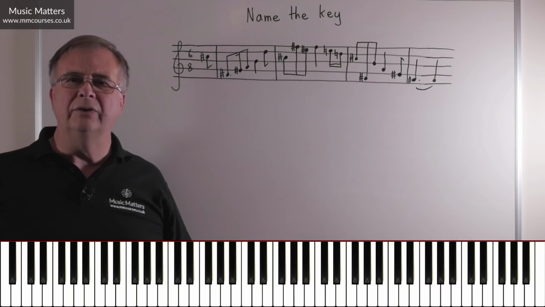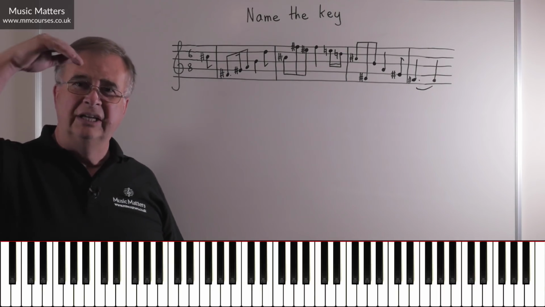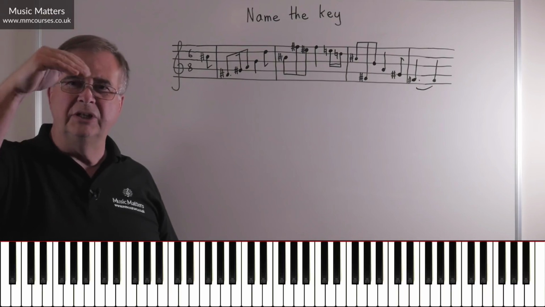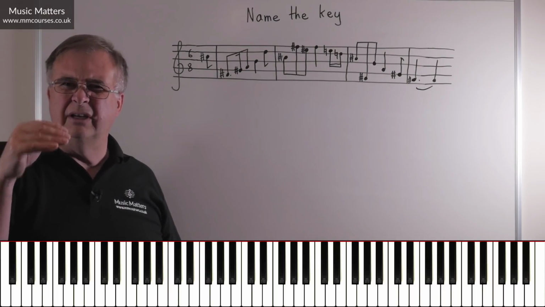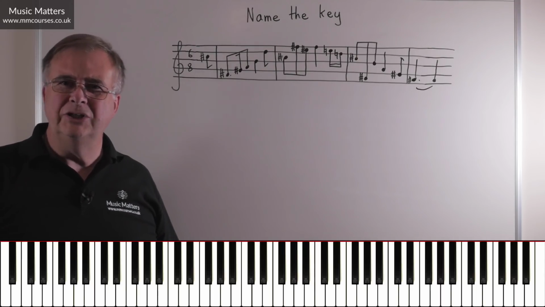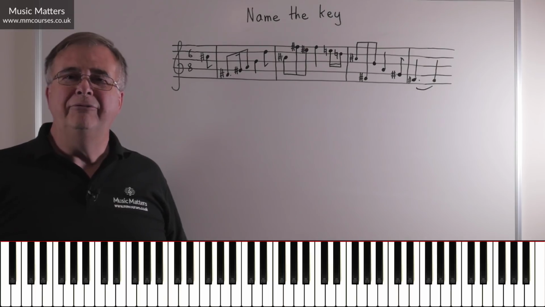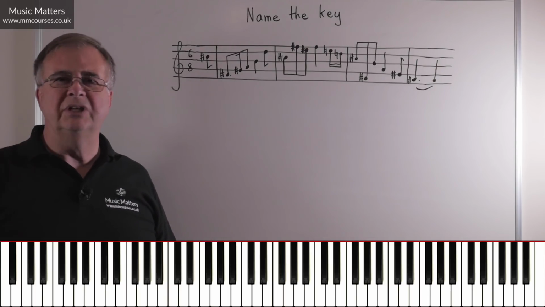Now, if you work around the circle of fifths, you'd be thinking, well, that's a bit odd, because I've got the first 3 sharps, F sharp, C sharp, G sharp, but then I haven't got the next sharps, like D sharp and A sharp. So it's a long way until I come to E sharp. Now, if you were in a major key, you wouldn't be missing sharps out.